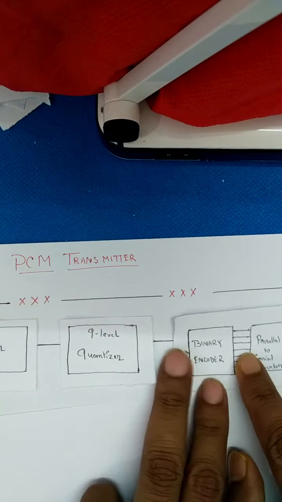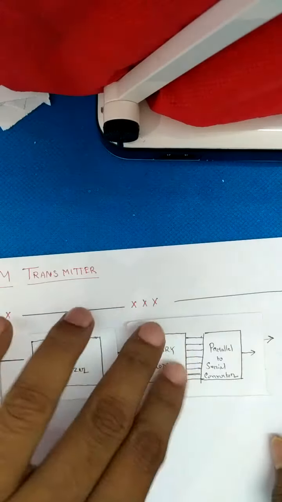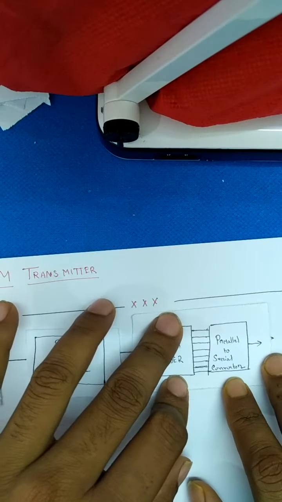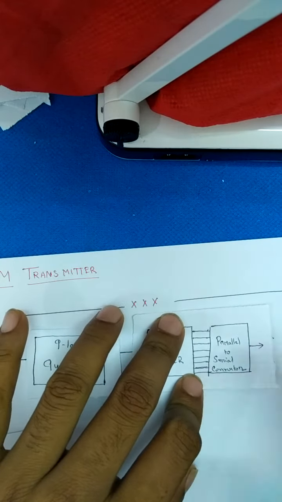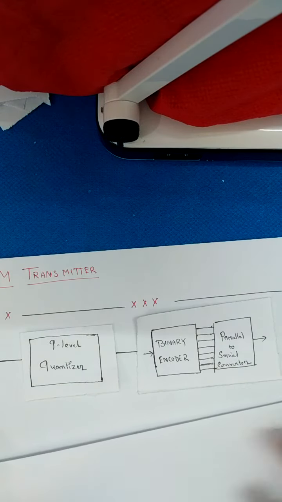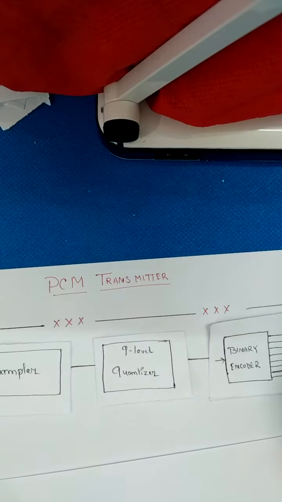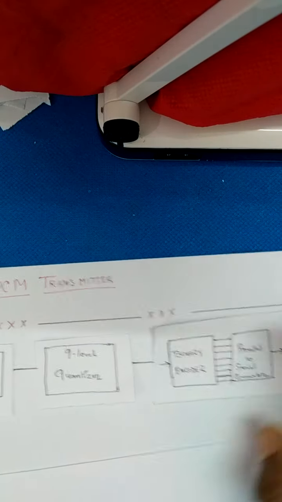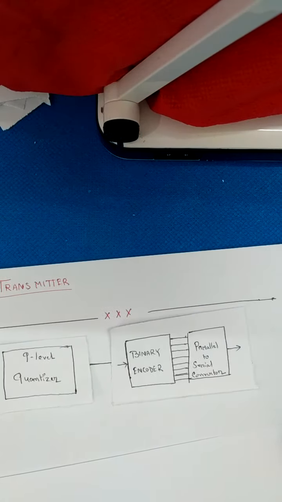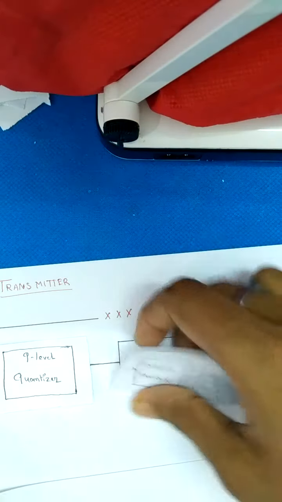It has to be done with an encoder, and as you know, an encoder has parallel outputs, and for that we need a parallel to serial converter so that we can convert it. I'd recommend you refer to the book for their proper diagram, but to understand the working I have explained it in this way. All of them will be connected to a synchronizer. So now this is how the transmitter works.